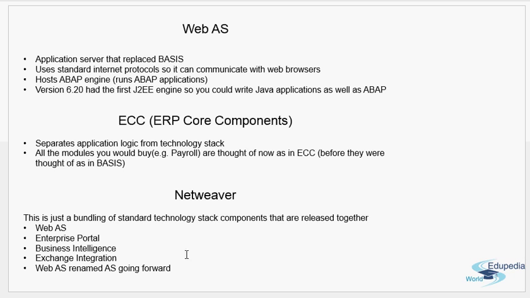The technology stack is renamed as NetWeaver because it's not only the application server, but we have other technologies like Enterprise Portal, Business Intelligence, Exchange Integration, and many more. So all this technology plus the functionality together is known as ECC, and the technology part is known as NetWeaver. It comprises the actual application server plus the new dimensions like portal, BI, etc.